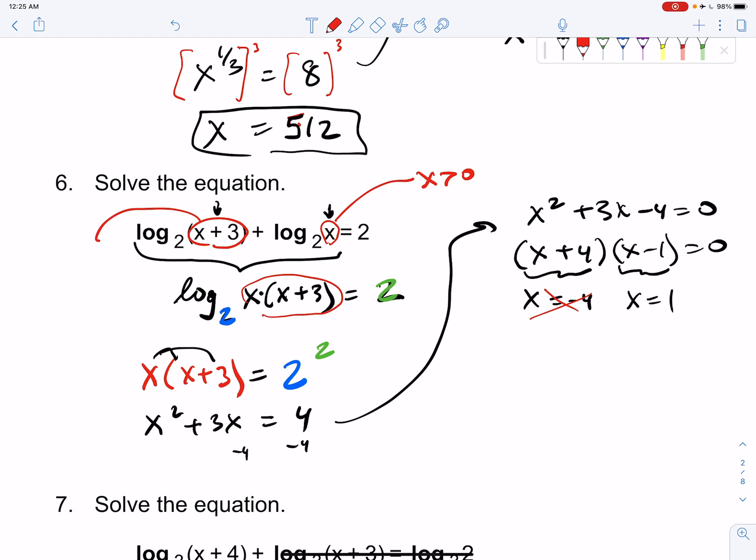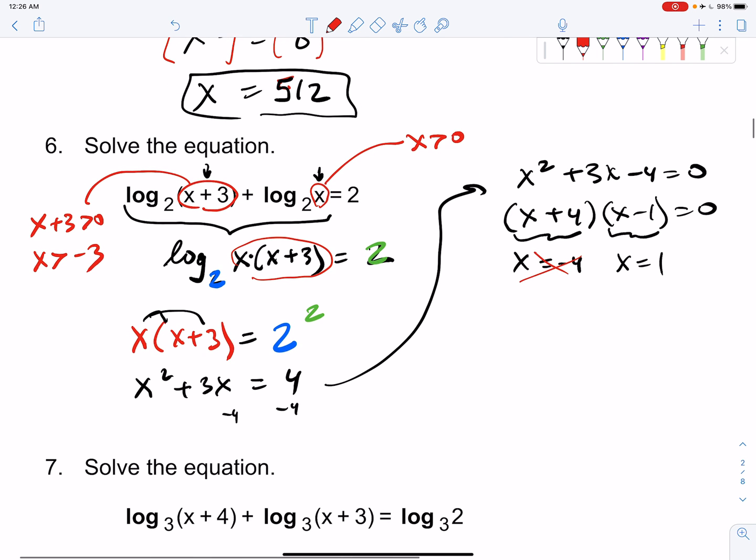So the more restrictive one would work for both. So x plus 3 must be greater than 0. Subtract 3 on both sides, so x must be greater than negative 3. And 1 is still greater than negative 3. So anyhow, we just have one answer left, and that is x equals 1.